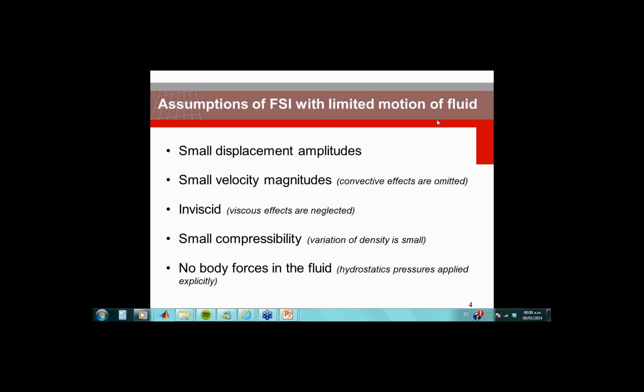This means that the variation of density is accepted as a key factor to take into account, but it has to be small. The last assumption is that body forces in the fluid are not taken into account in the formulation of the equation of motion of the fluid. They could be taken into account as an applied force on the terrain or the dam, but not as part of the equation of motion of the water.